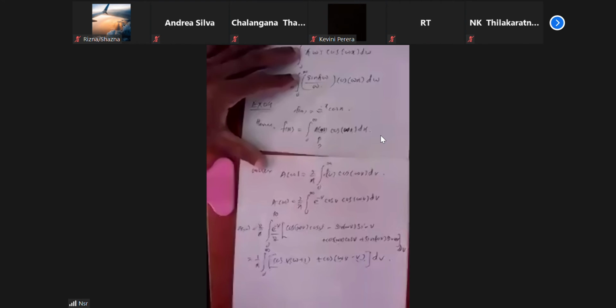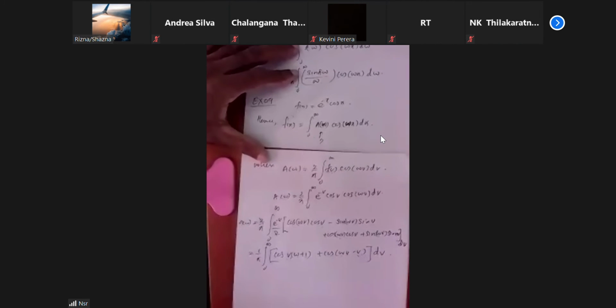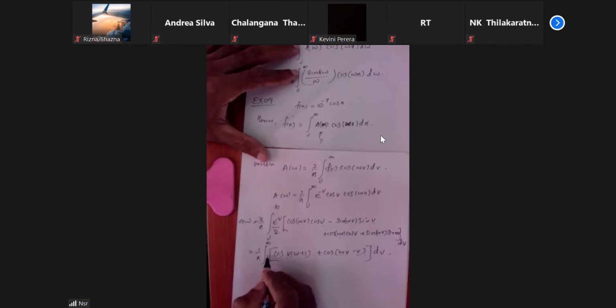Is it clear? Okay. Right, now it is easy to simplify. Some term is missing, e to the power v is missing, right? E to the power minus v is missing there.